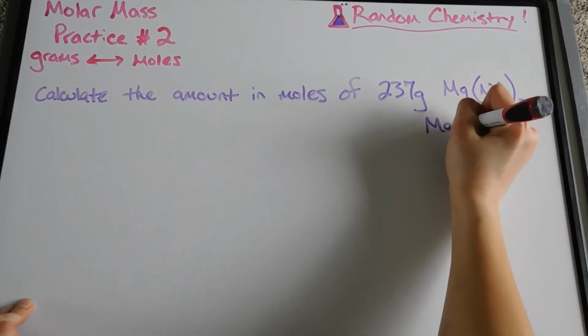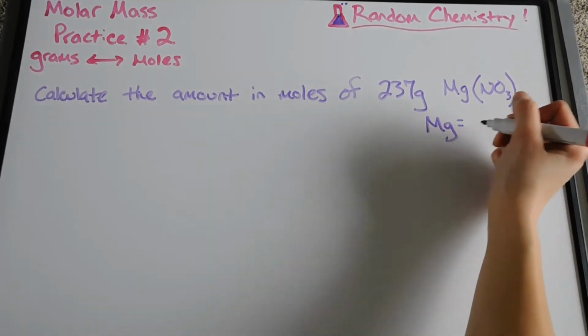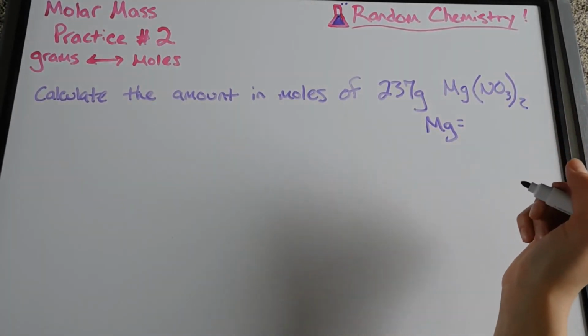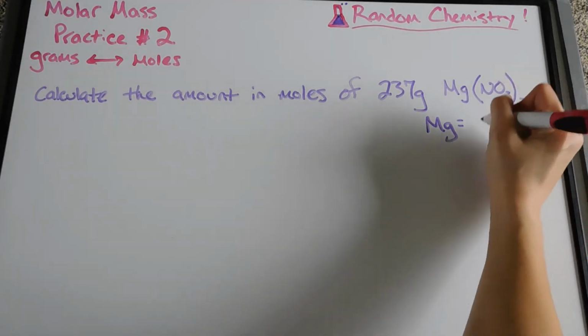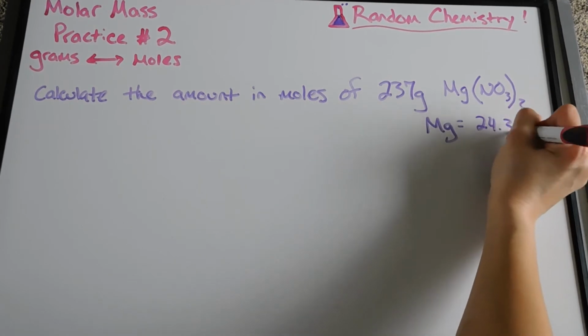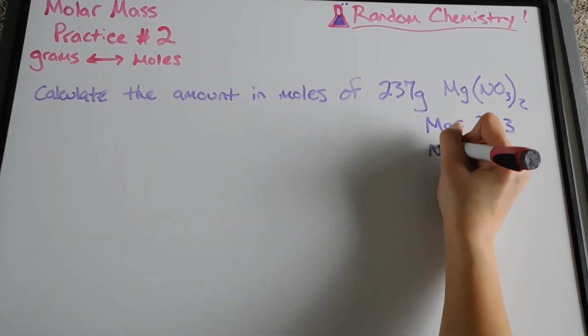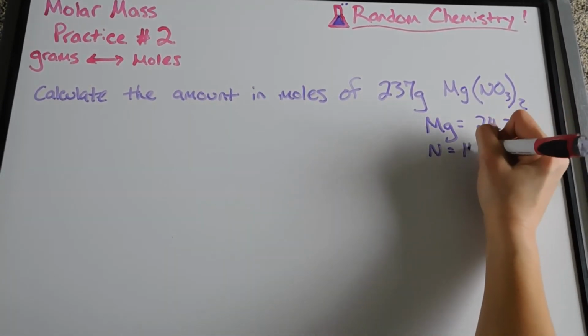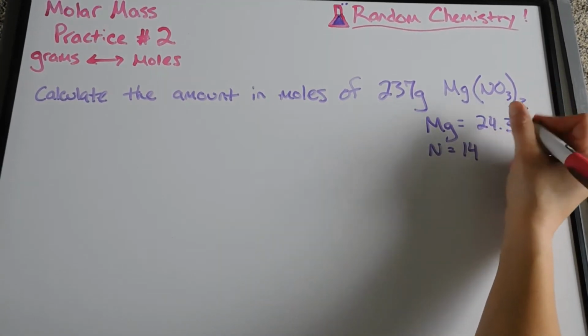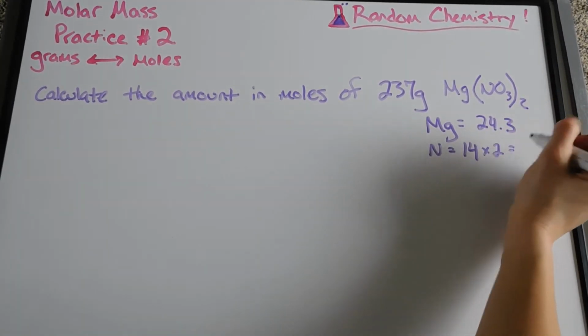So magnesium is 24.3. Nitrogen is 14, but we have 2 nitrogens, so times 2 gives us 28.